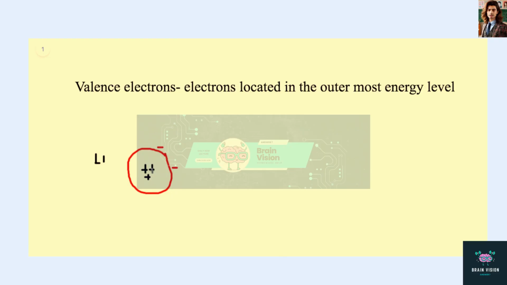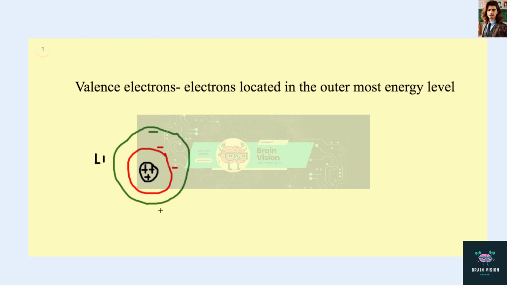Let's go ahead and put a circle around this nucleus. There we go. The very first energy level will have 2 electrons in a neutral atom. The next energy level will have 1 electron, given that a neutral atom of lithium will have the same number of protons as number of electrons.